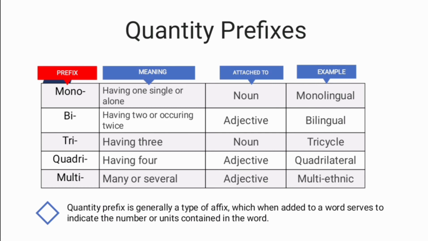Contohnya, prefix mono dalam kata monolingual, prefix bi dalam kata bilingual, prefix tri dalam kata tricycle, prefix quadri dalam kata quadrilateral, dan prefix multi dalam kata multi-ethnic. Nah, kelima contoh tersebut mengandung jumlah atau angka di dalam katanya. Sehingga prefix mono mewakili angka 1, prefix bi mewakili angka 2, prefix tri mewakili angka 3, dan seterusnya.